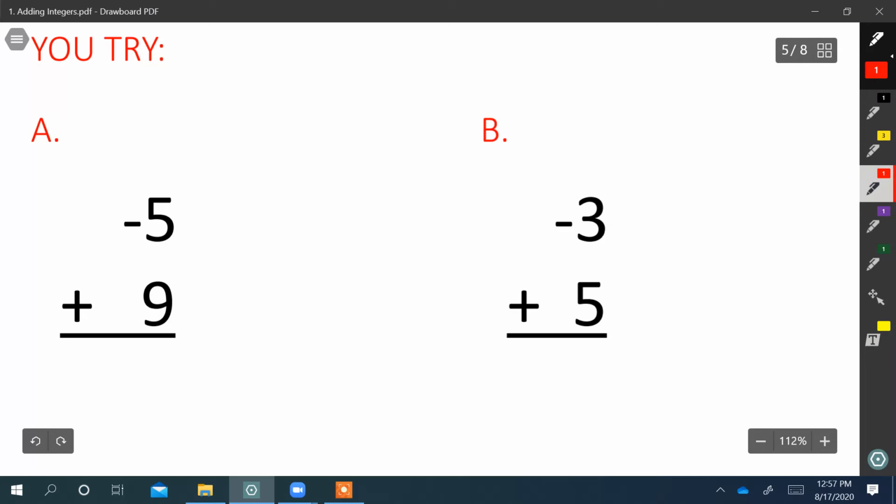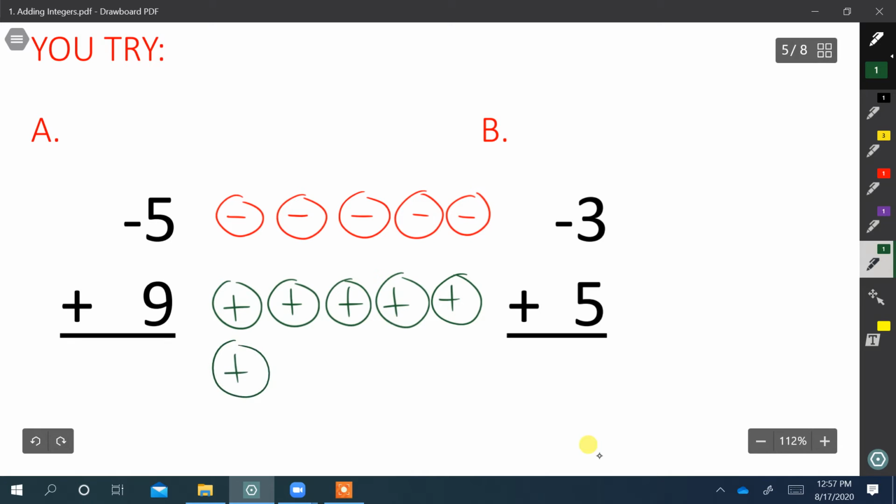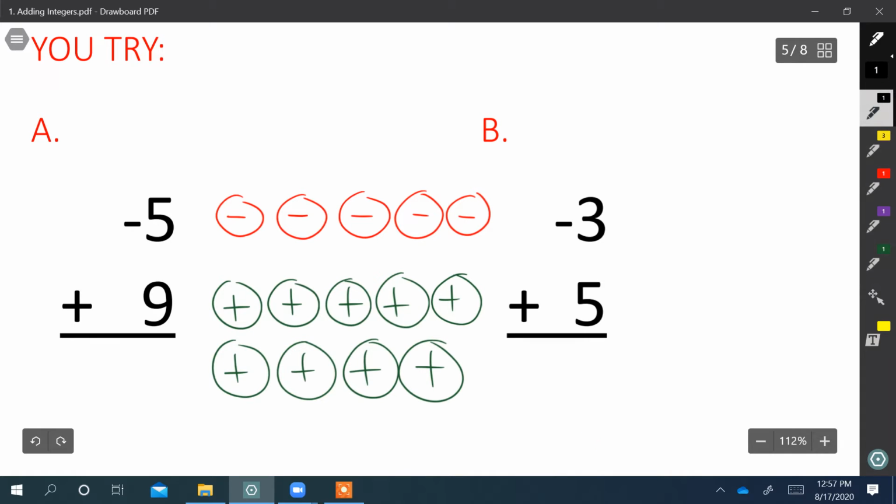Okay, let's take a look. If you have 5 negatives, and then 9 positives, here's what we're gonna get. This and this cancels.